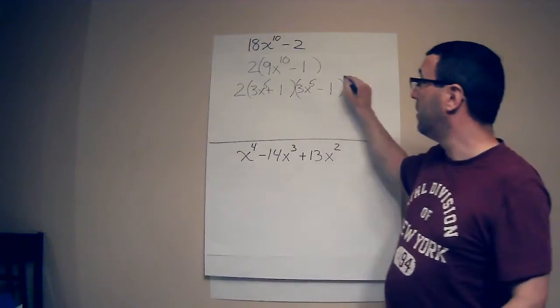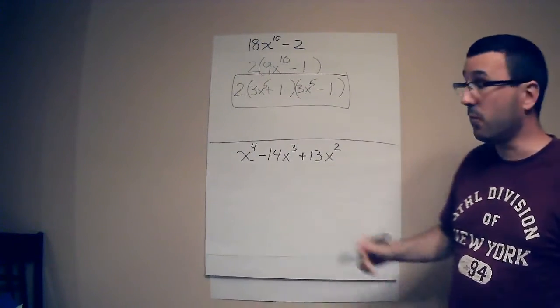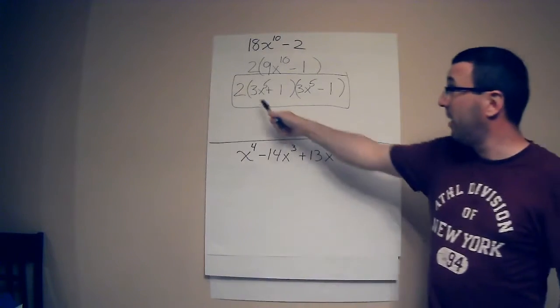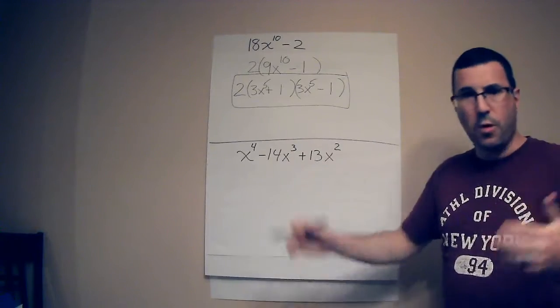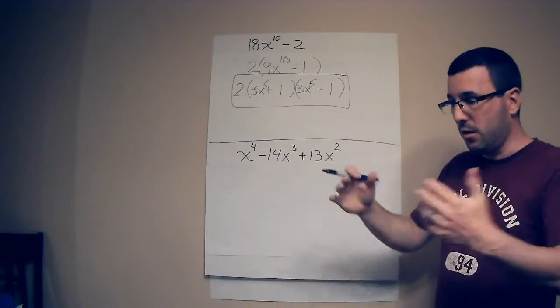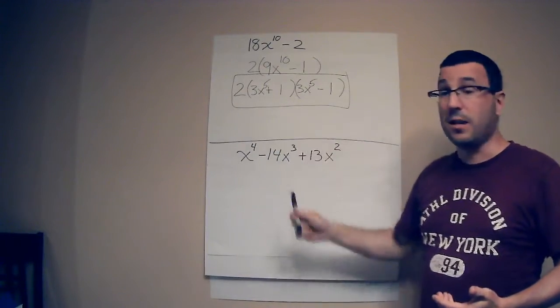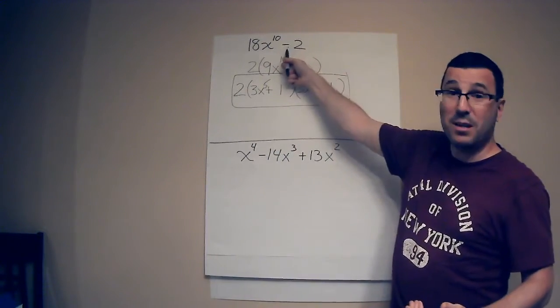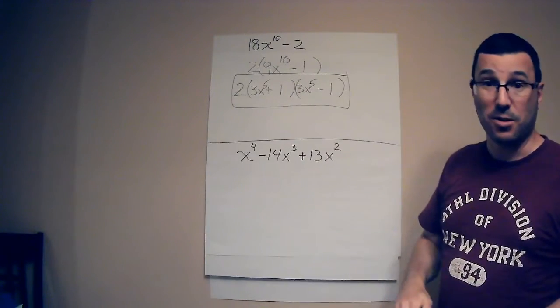We're done. This is factored completely. Okay? So that long thing, if I multiply all that back, and I use my FOIL, or whatever you want to call it, the double distributive to multiply these together, and then multiply that by 2, I should be able to get back to that first 18x to the 10th minus 2.